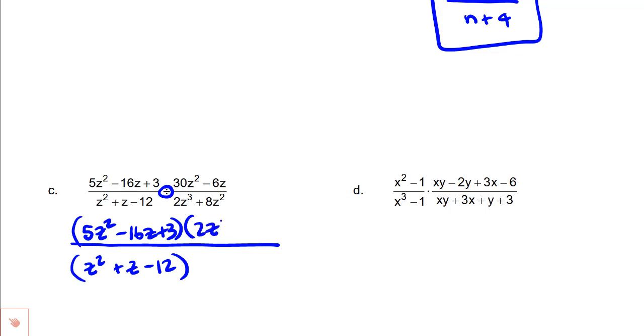But then the 2z cubed plus 8z squared goes on top. And the 30z squared minus 6z goes on the bottom. And you have lots of factoring to do, don't you? Which is why we factored for 2 days, because we have to build on that skill.